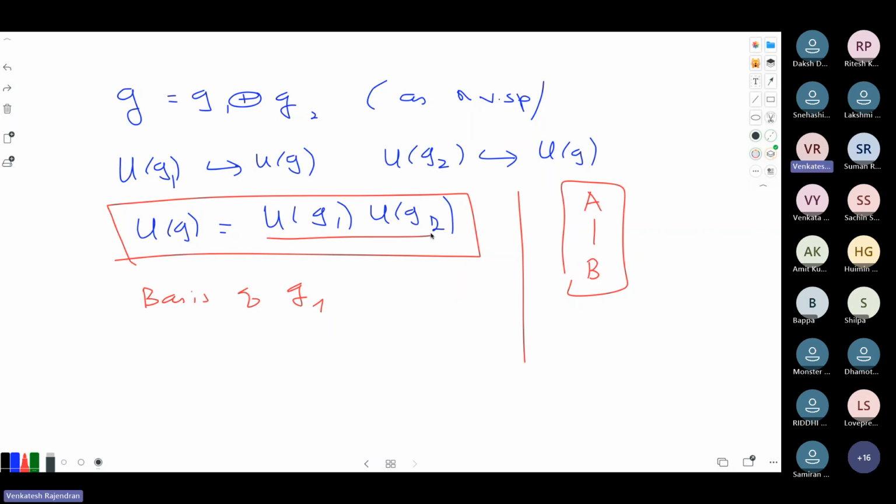That will be exactly UG. So how do you do this? For example, you take the basis of G1, let's call it xi, i in I, and then you take the basis of G2, which is yj, j in J.